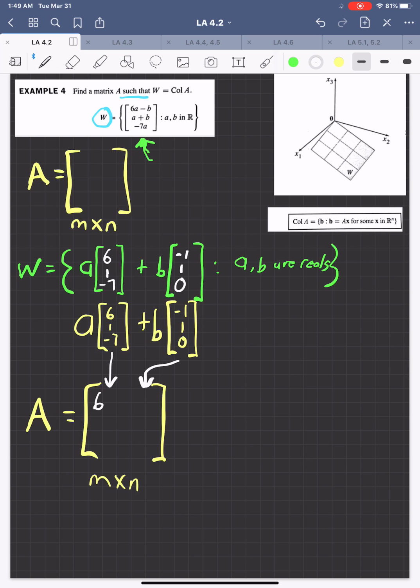But now I do. I know matrix A has 2 columns, and I even know what the columns are. So there's my matrix A.